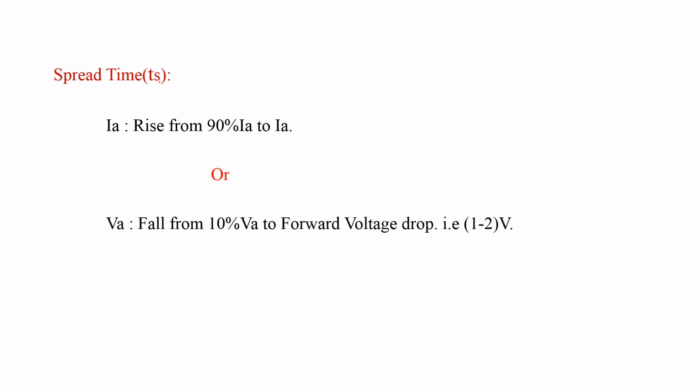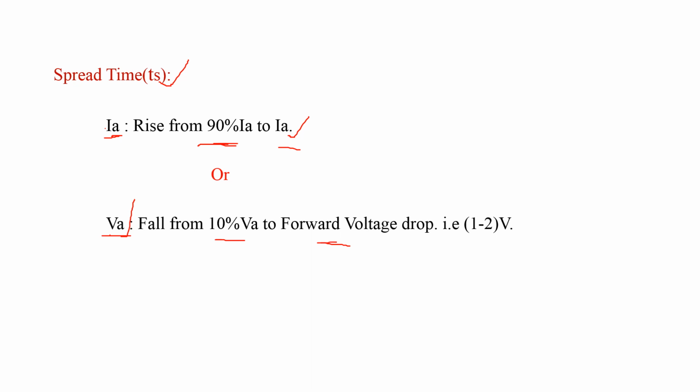Similarly, coming to spread time, the time taken by the anode current to increase from 90% of IA to the maximum value of IA is the spread time in terms of anode current. In terms of anode voltage, the time taken by the anode voltage to decrease from 10% of VA to the forward voltage drop.